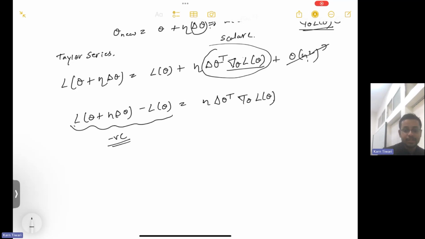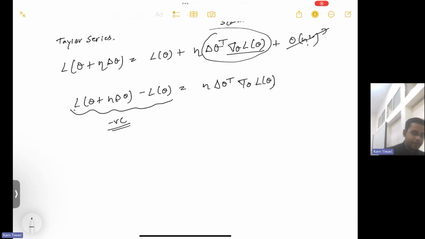So we need to find this del theta in such a way that the decrement is a large decrement. How can it be large? We want to maximize the decrease, which means minimize this quantity. Okay, we want to minimize.